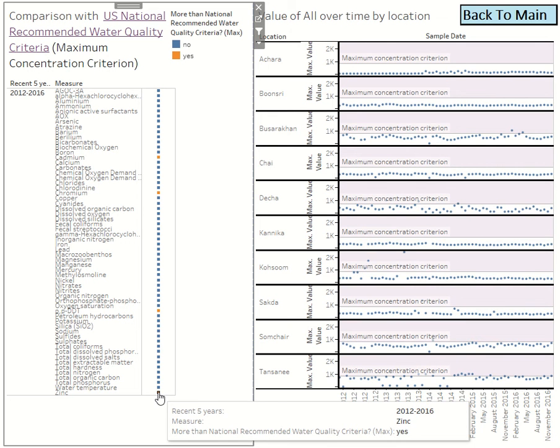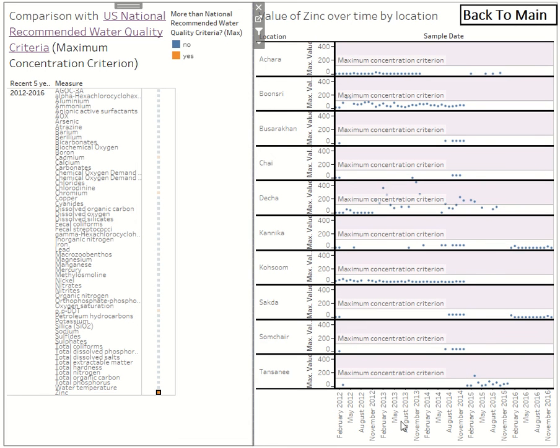If you click the measure, the graph on the right changes, and the graph shows how the value of the measures that you have chosen varies over time by location. In this case, it's in terms of month years.